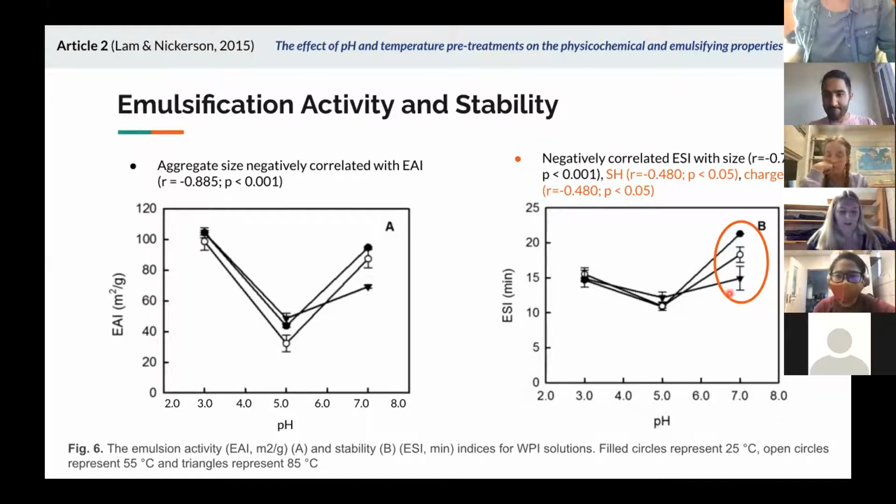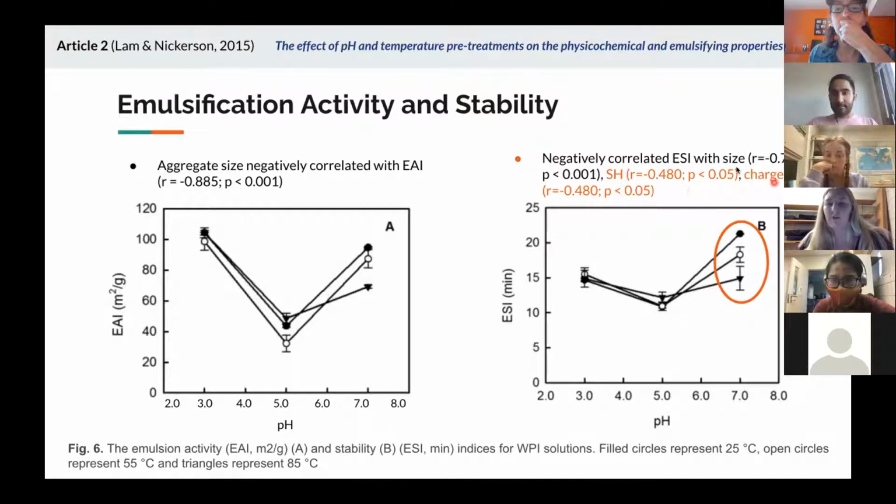And then there were correlations made with emulsification stability. And I think it's kind of strange here. I put it in orange that the R was pretty low and that they changed the p-value with whatever they were correlating this with, so surface hydrophobicity, charge, or size. So I don't really think that those are great correlations to make.